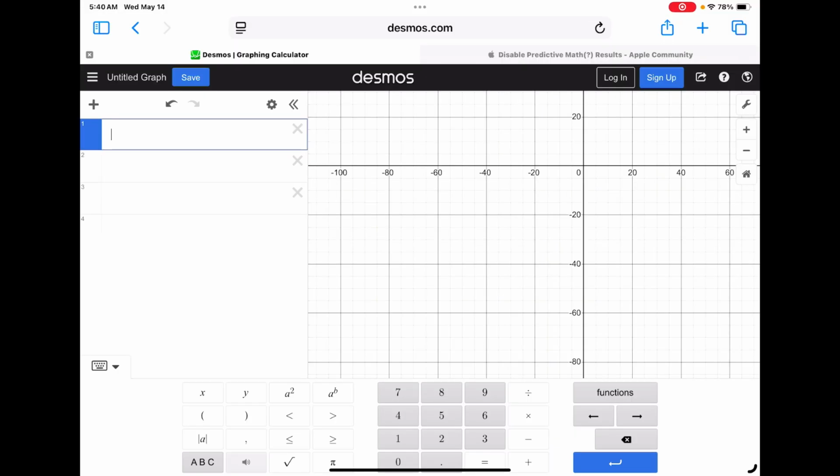Okay, now let's use the program Desmos to plot both of these equations. So we're going to use the keyboard here. Our first equation is 2x plus 3y, and that is going to be equal to 12.